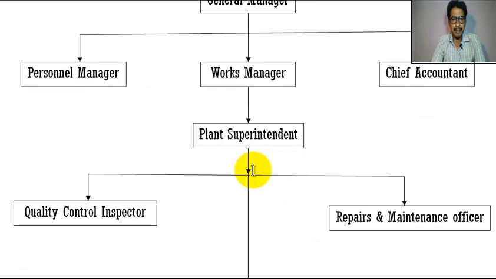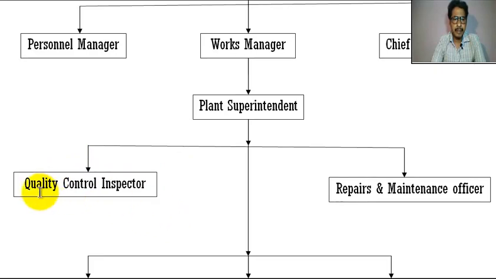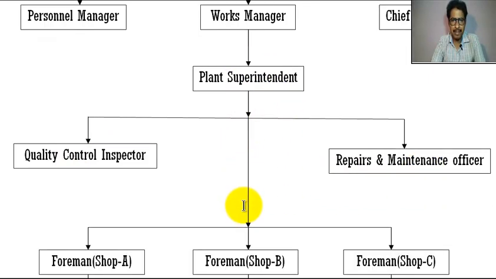Next, plant superintendent. Under plant superintendent, quality control inspector and repair and maintenance officer, 2 special executives to assist the line staff.